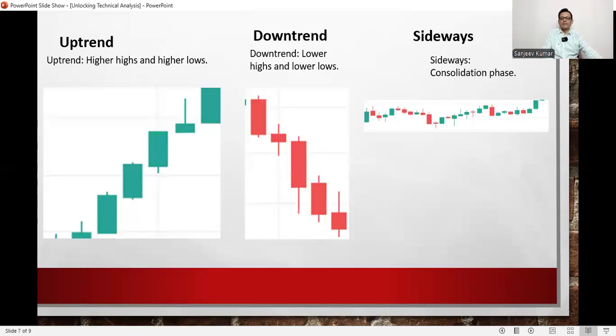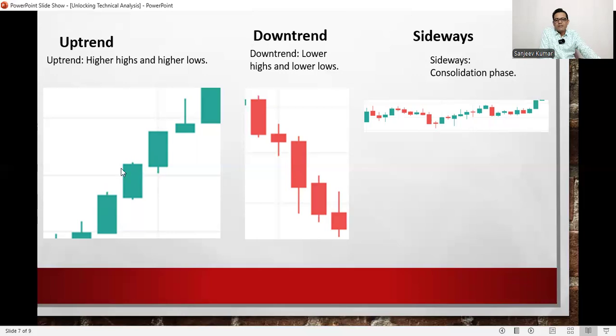This is the uptrend. Uptrend means higher high and higher low. Just compare the candles. This is the top and this is the bottom of the candle. And the second candle, higher high: this is the top of the second candle, so it is higher compared to this candle.